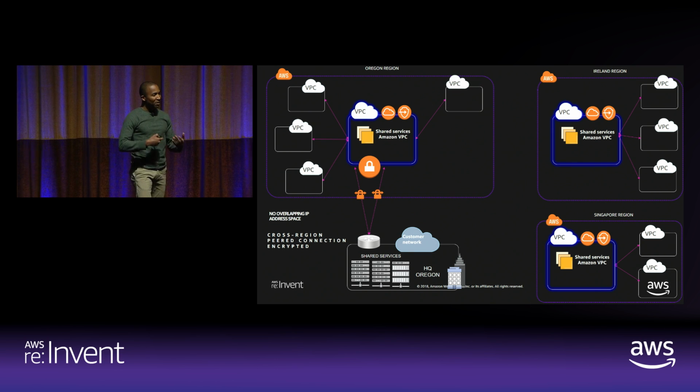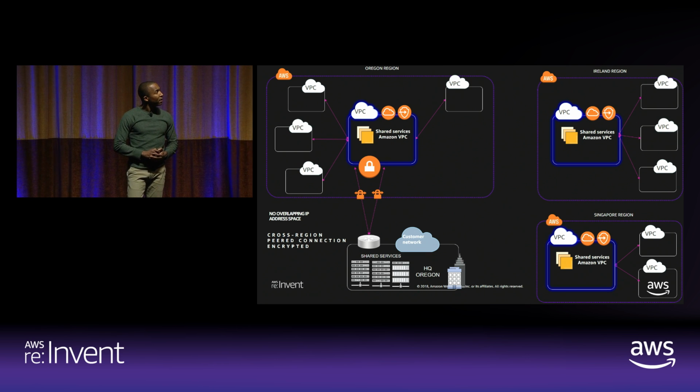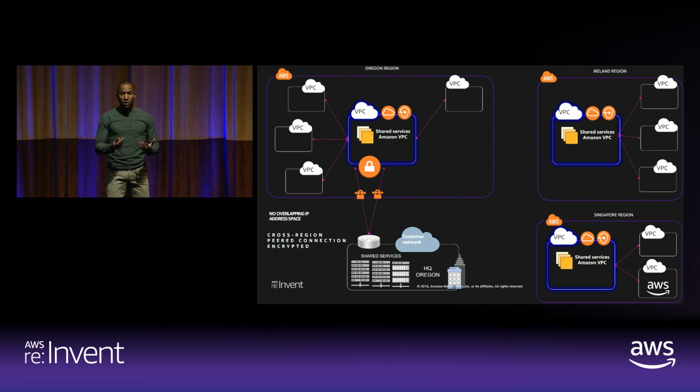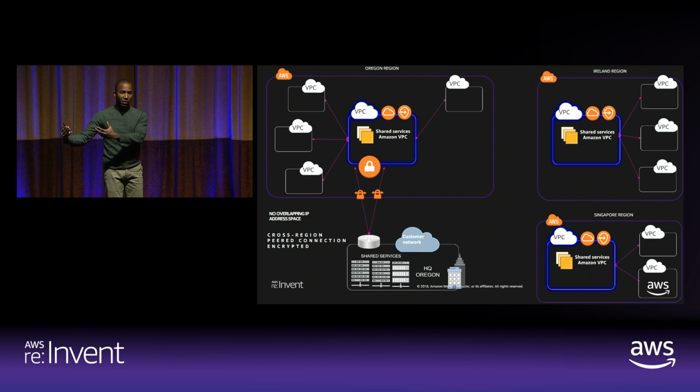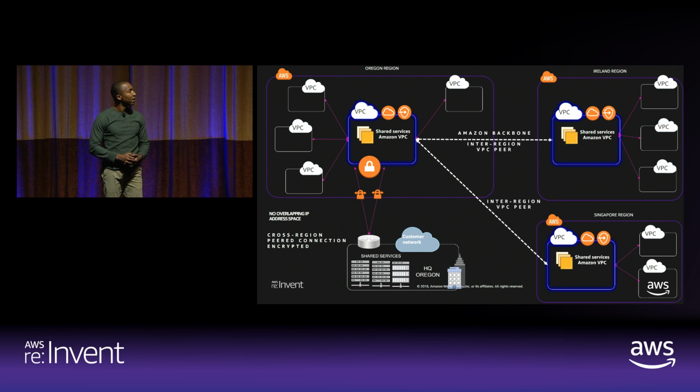Now, before I move on to other scenarios, it's actually important to note here that if you have a shared services model, where you have something like an IPsec tunnel between a shared services VPC and on-premises, and other VPCs connected to it, you can replicate that design globally, which means in another AWS region, you can have a shared services VPC that supports that specific region, for example, and then replicate data between shared services VPCs using inter-region VPC links.